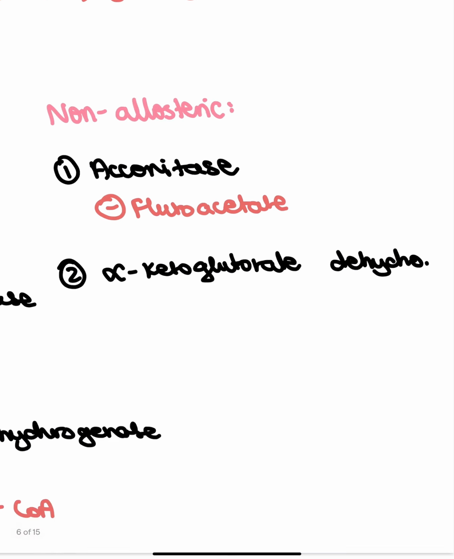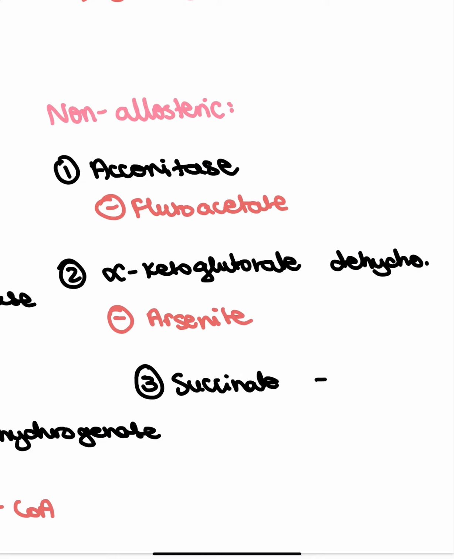Alpha ketoglutarate dehydrogenase is then inhibited by arsenite. And the last one that I want to talk about is succinate dehydrogenase.